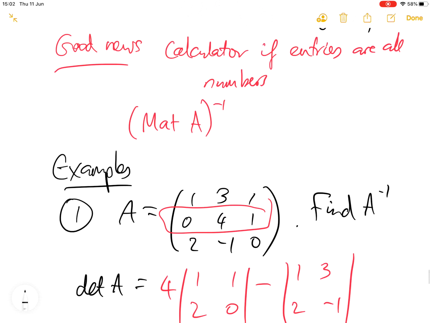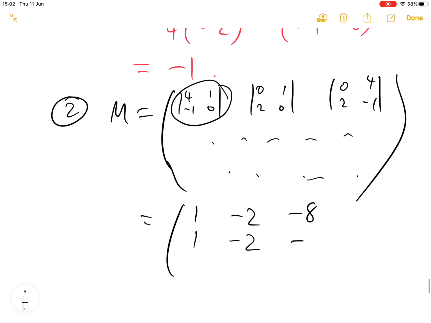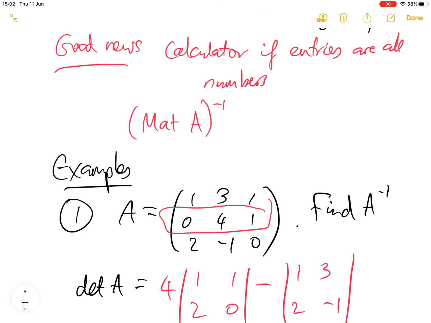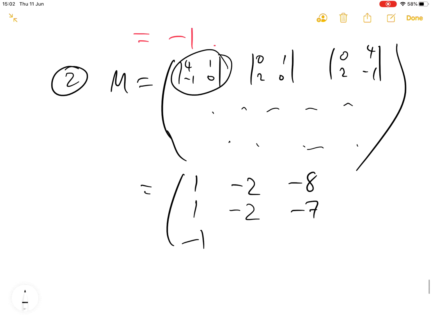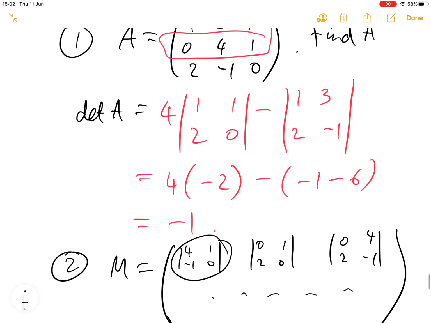And then the minor corresponding to this 1 in the second row is minus 1, minus 6, that's minus 7. And then the minor corresponding to the 2 is 3 minus 4, which is minus 1. The minor corresponding to the minus 1 is 1.